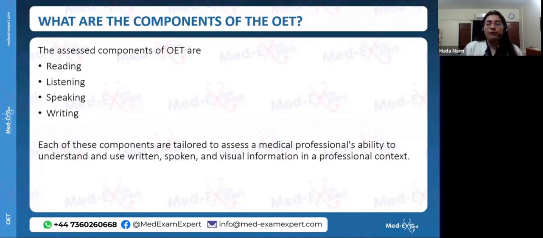The basic aim of this exam is not to test just your English language, but also the skills that you require as a medical professional when you are talking to different doctors, different medical professionals, as well as with patients and the caretakers of the patients. They require you to speak and communicate in a very professional and dignified manner. So your ethics, your empathy, and your professional demeanor also come into account in the OET exam.